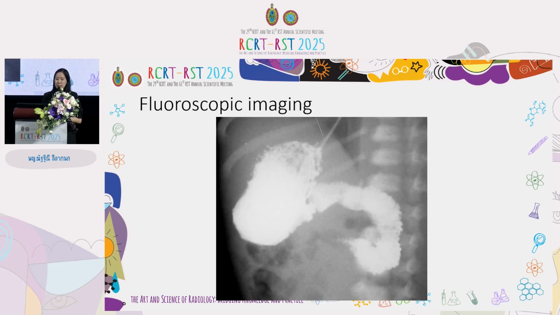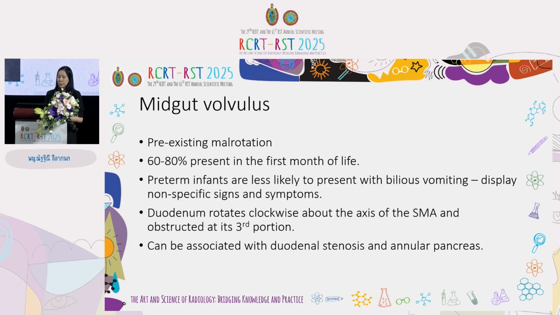In this case, we proceeded with an upper GI study. The upper GI study shows normal distension of the duodenum with a beak-like configuration at its end, without contrast passing through the more distal segment, and these findings are consistent with midgut volvulus.